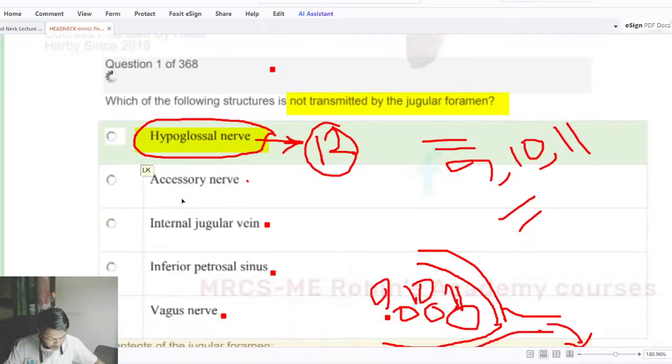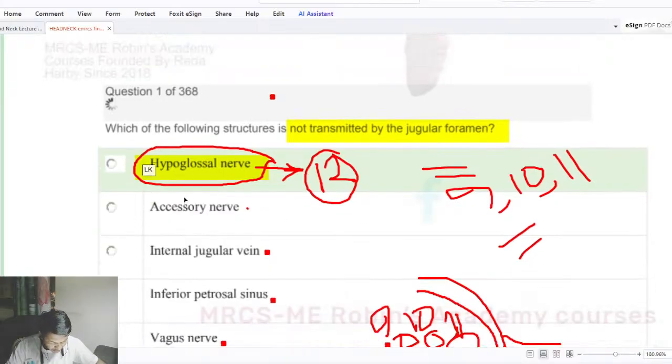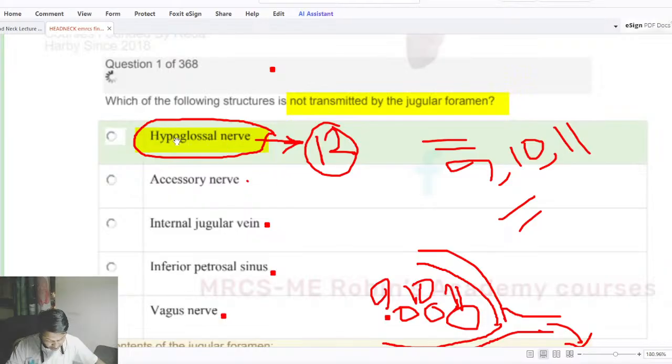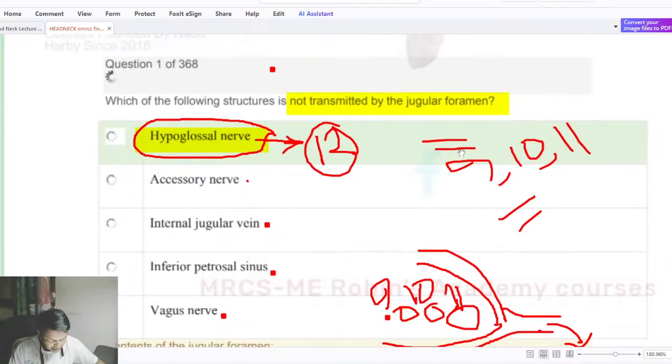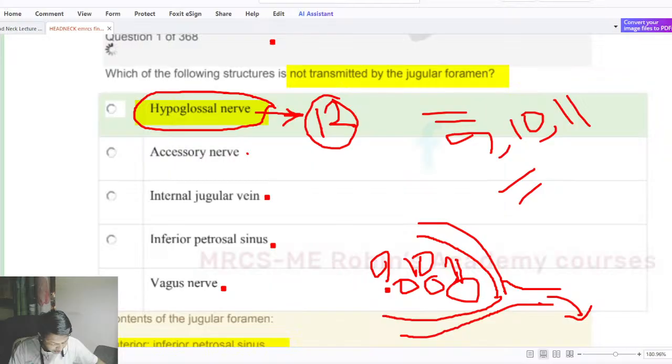It's better to be well prepared. Can you see this question on the screen? No, I'm not sharing, I cannot see the screen.